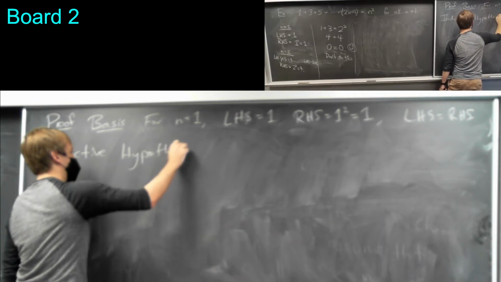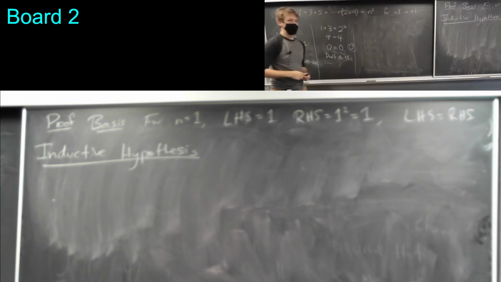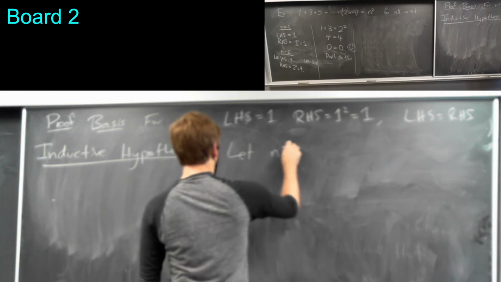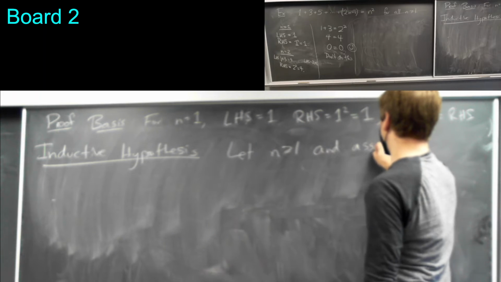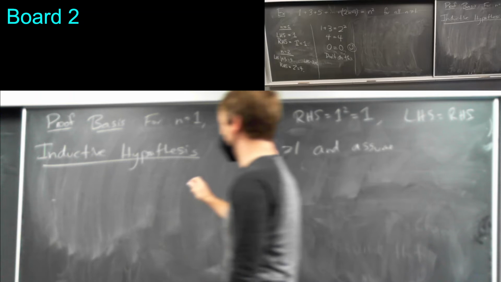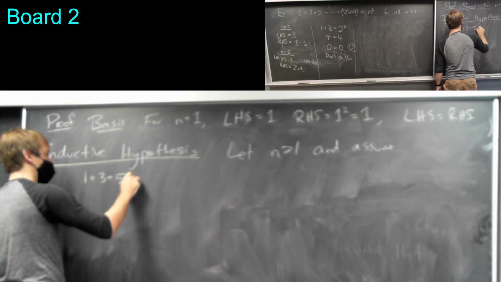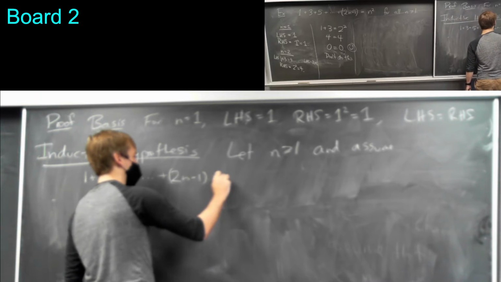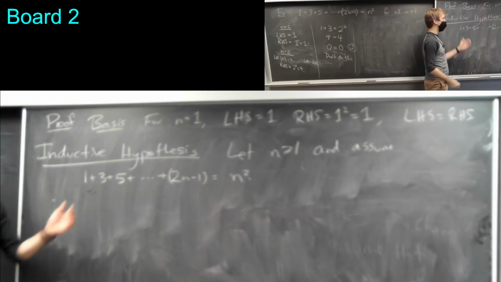It's going to turn out, again, we only need the weak one, but we can do whichever one you want. So maybe I'll give you guys this one. Let n be at least 1, and assume that 1 plus 3 plus 5 plus dot dot dot up to 2n minus 1 is equal to n squared. So we're assuming it for the nth case.